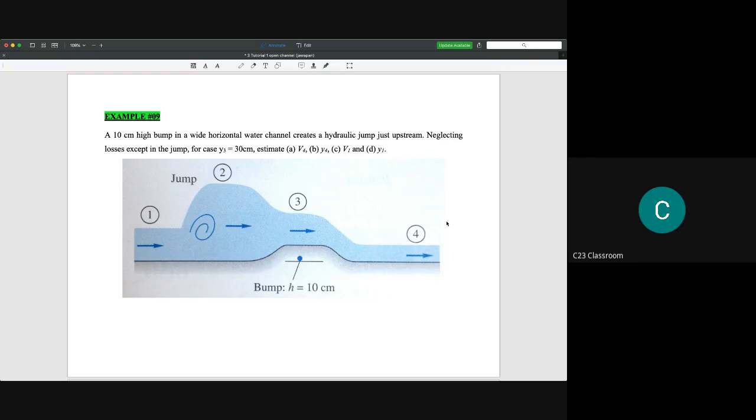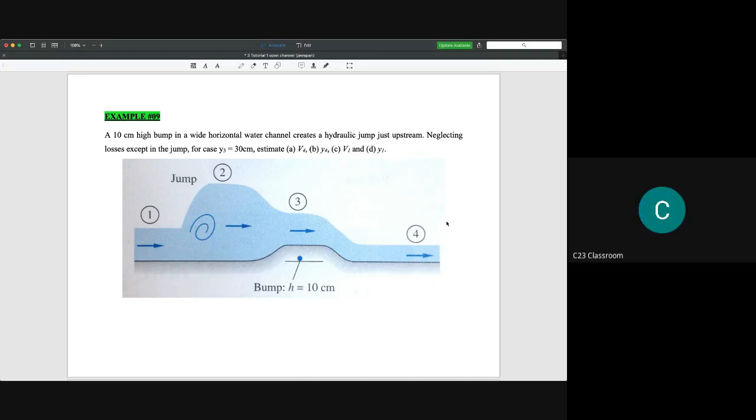But in our syllabus, there will be no question asking you to determine at what location the hydraulic jump will occur. We just deal with the open channel and evaluate the energy, and the location of the hydraulic jump will be given in the question.